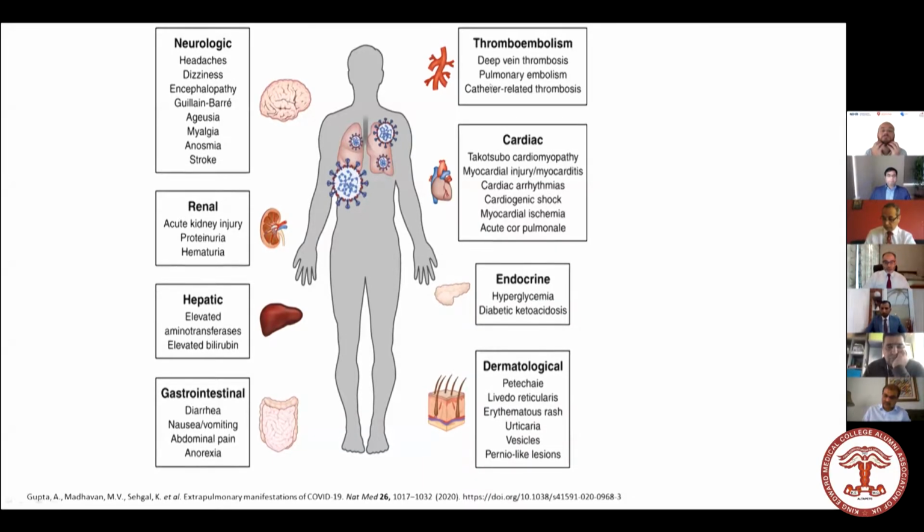We all know this disease is very coagulopathic, and you have DVT or PE or catheter-related thrombosis, and thrombosis at other sites as well, which we'll talk about. The common cardiac complications would be MI, arrhythmias or even myocarditis, but we'll talk about the others as well.